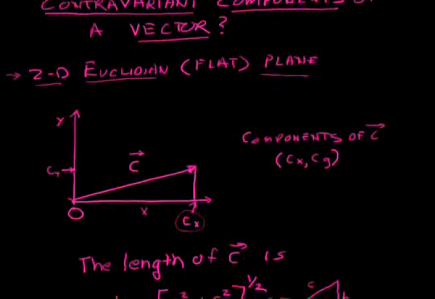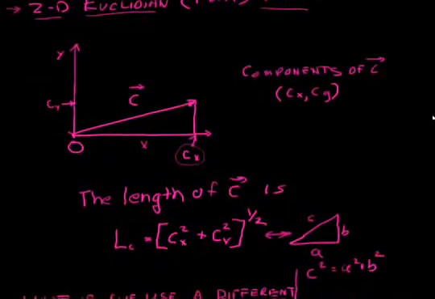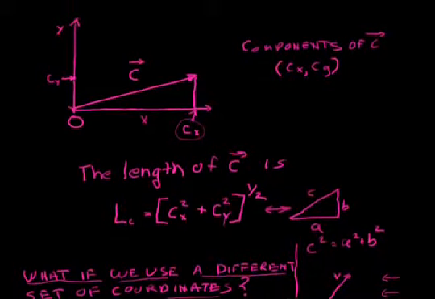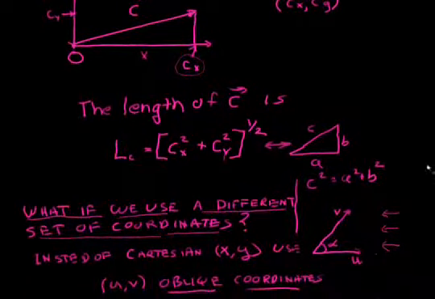It's the Pythagorean theorem. The length of c is equal to the square root of the sum of the squares of the two components, cx and cy. So we're making use of the Pythagorean theorem here to get this formula for the length of c.